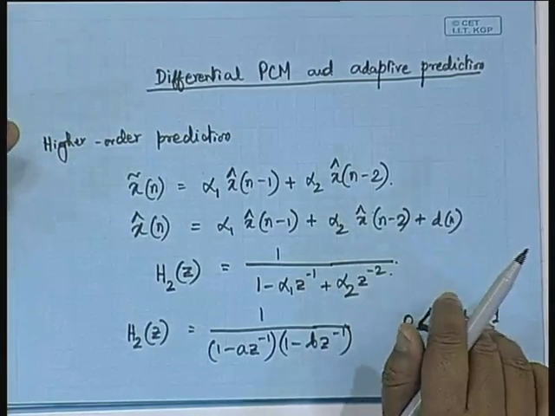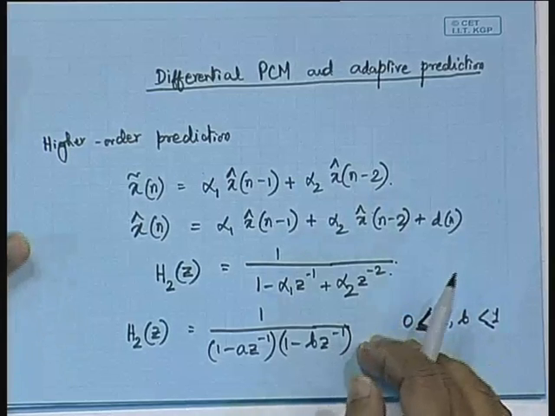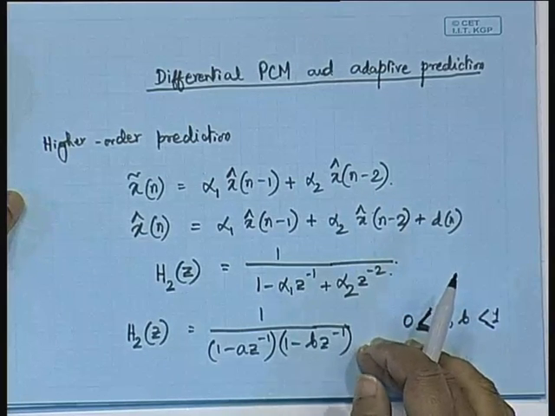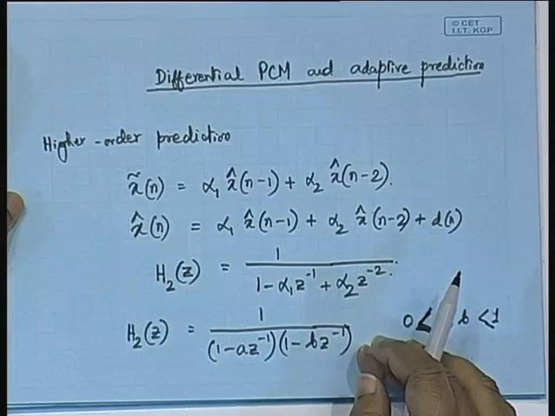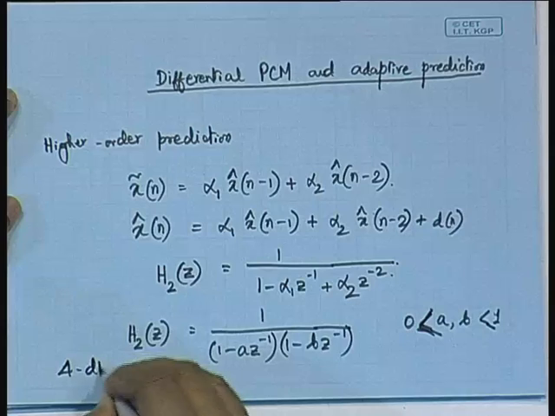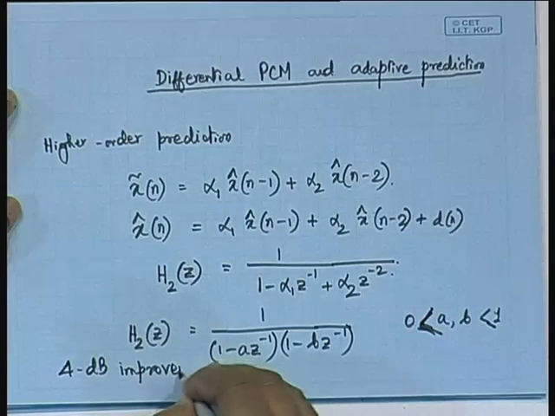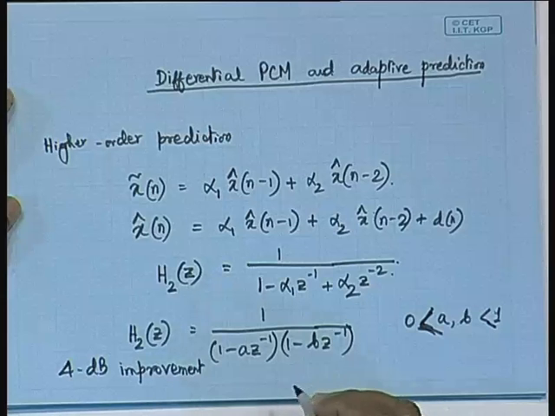In fact, the improvement by using the second order prediction could sometimes be of the order of even 4 dB. It can vary from speaker to speaker and from one speech content to another, but 4 dB improvement is sometimes quite typical for the case of second order predictions.